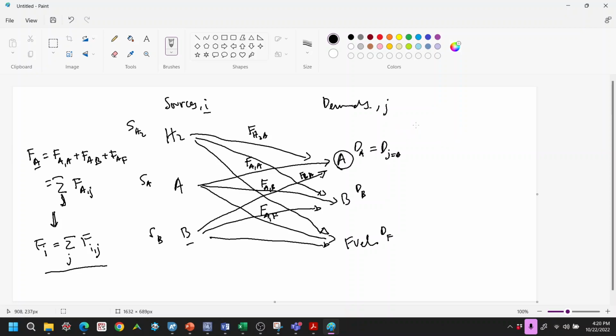So FA in this case, as demand J, equals F hydrogen to A, plus F A to A, which is then recycle, and then plus FBA, which is then reuse.